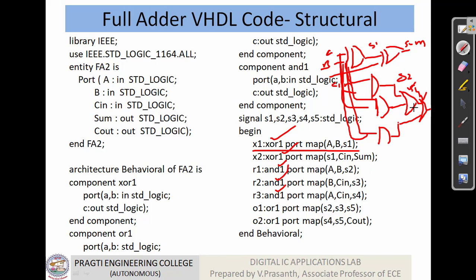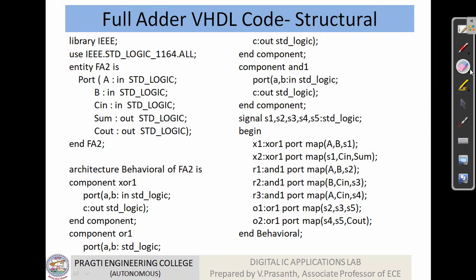This is how we will do the port mapping and create the circuitry. First of all we have to create the components, then we define the interconnections by means of port mapping.